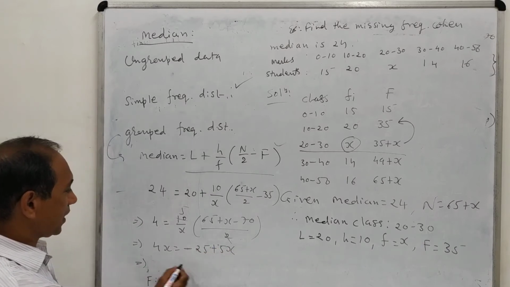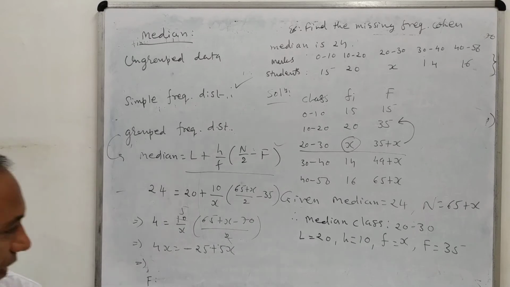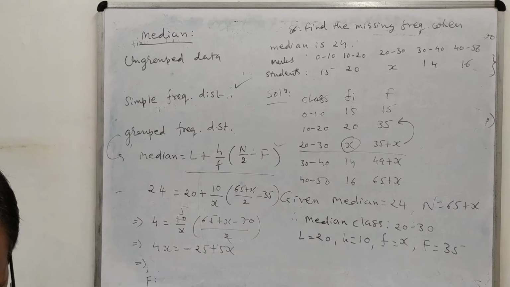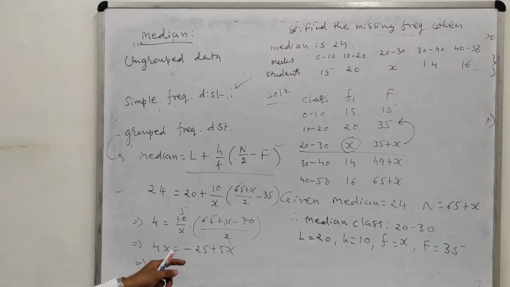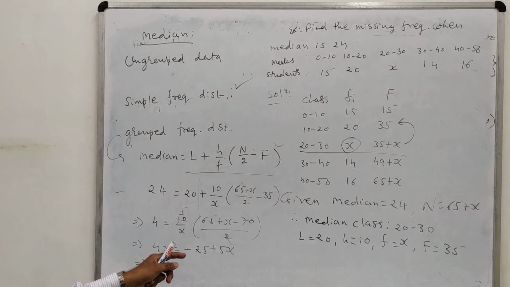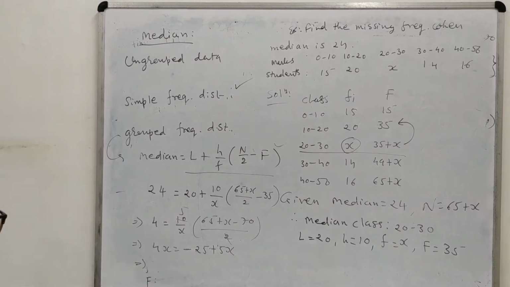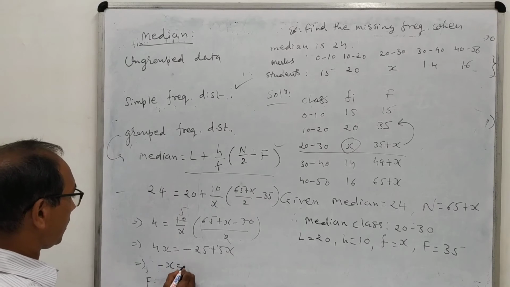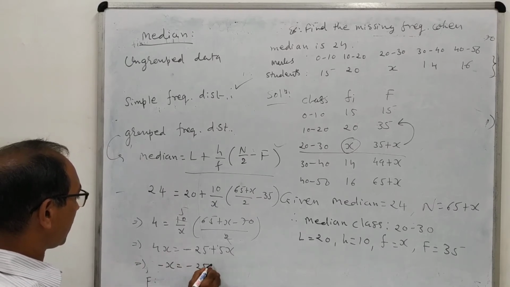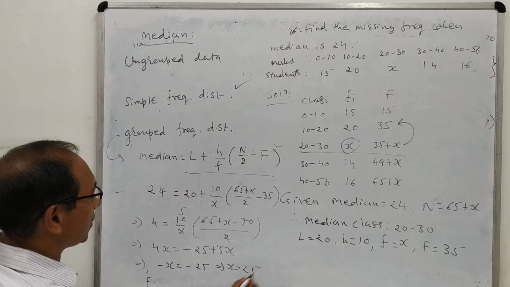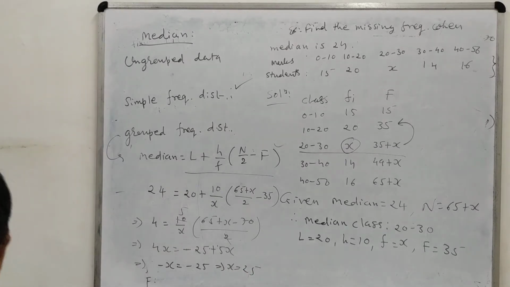So 4X minus 5X, that means minus X, equals minus 25. This implies that X equals 25. So this is the missing frequency that we have obtained.